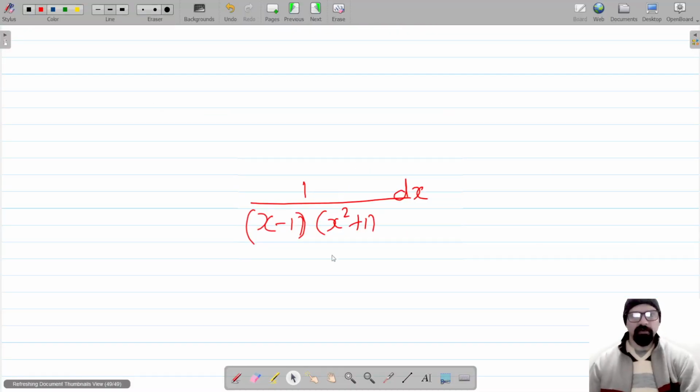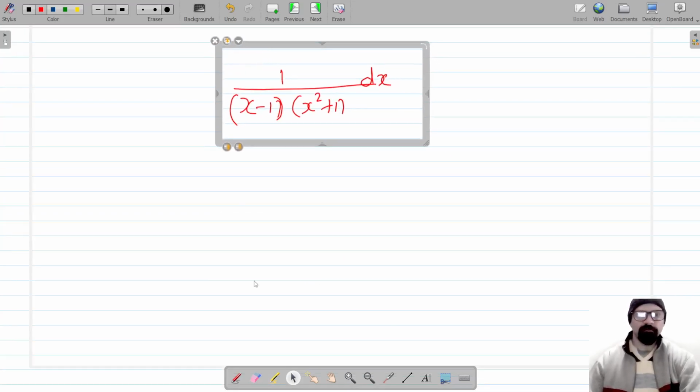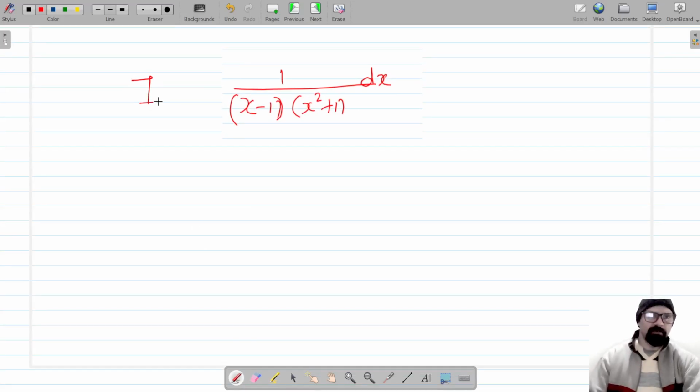Let me find out now. So this is I1, and I'm going to integrate this using the partial fraction method.